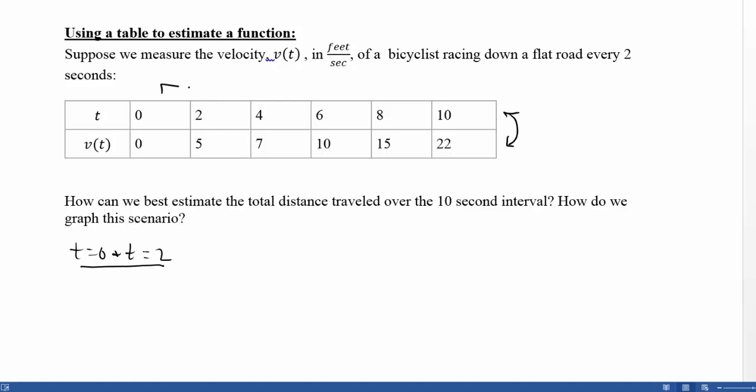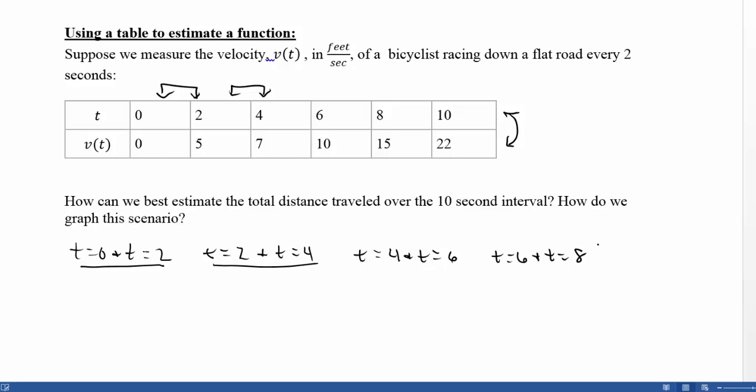That's our first little interval here. And then we're going to look at what happens between time equals 2 and time equals 4. That's our second interval here. Then we'll look at what happens between time equals 4 and time equals 6, and then time equals 6 and time equals 8, and then finally, what's happening between time equals 8 and time equals 10.